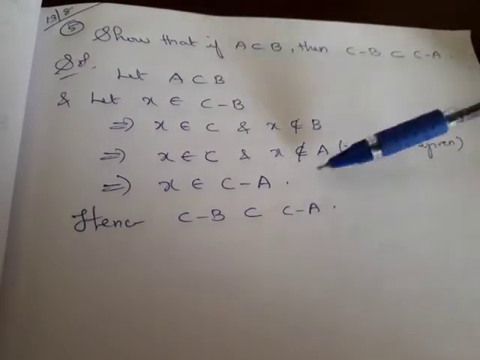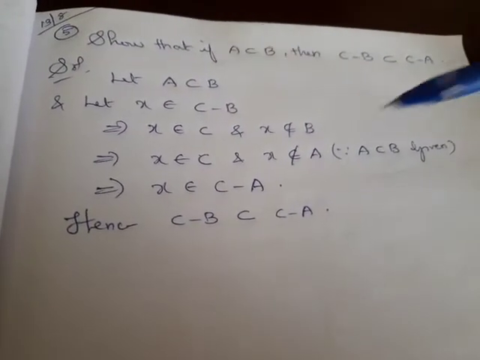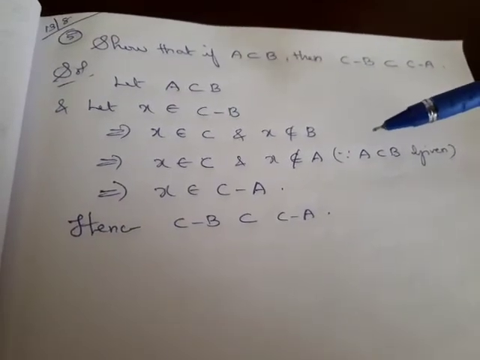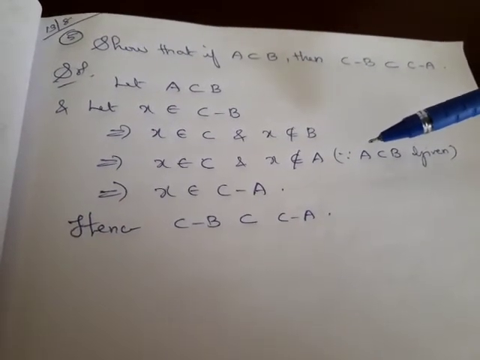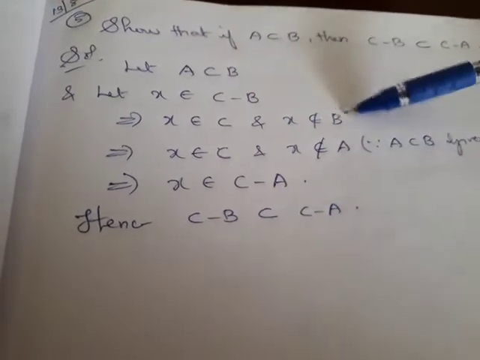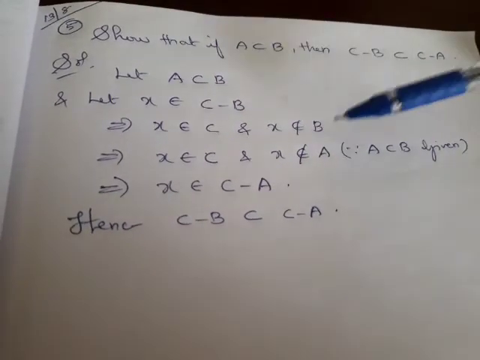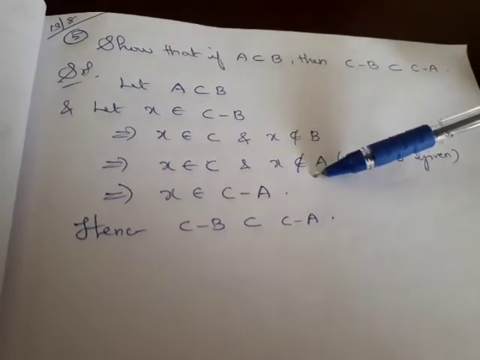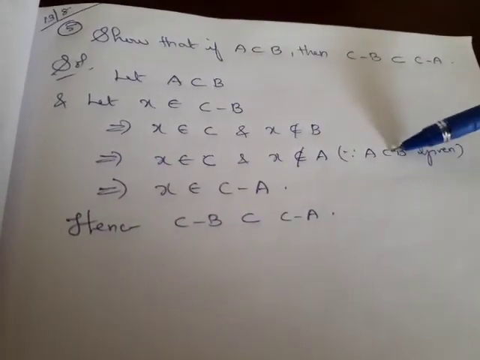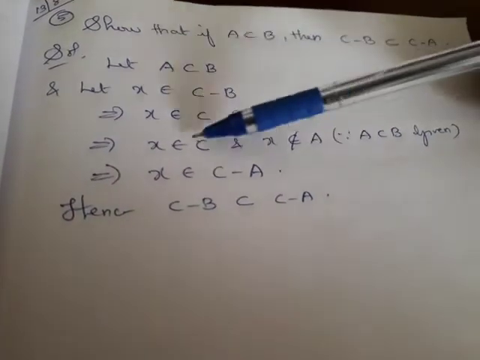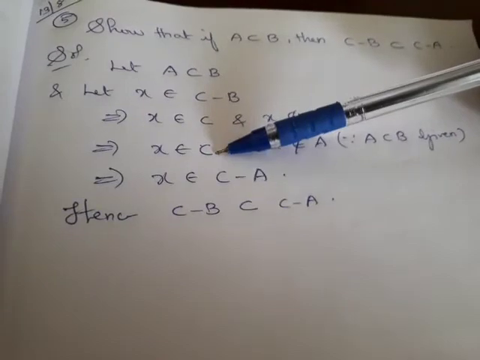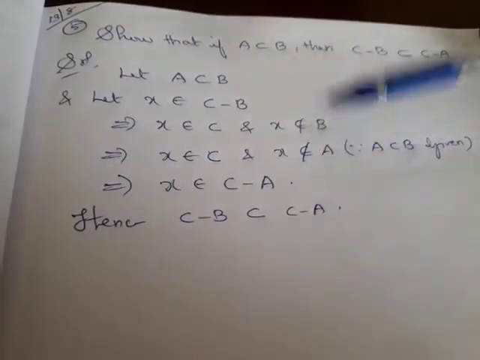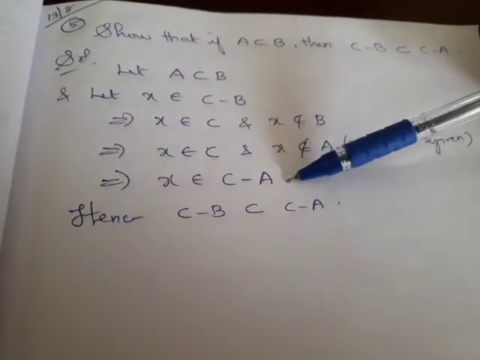If an element is not in B, then there is no possibility for it to be available in A. Therefore, X does not belong to B implies X does not belong to A, since A is a subset of B, right? So if an element belongs to the first set and it does not belong to the second set, then it will be in C minus A.